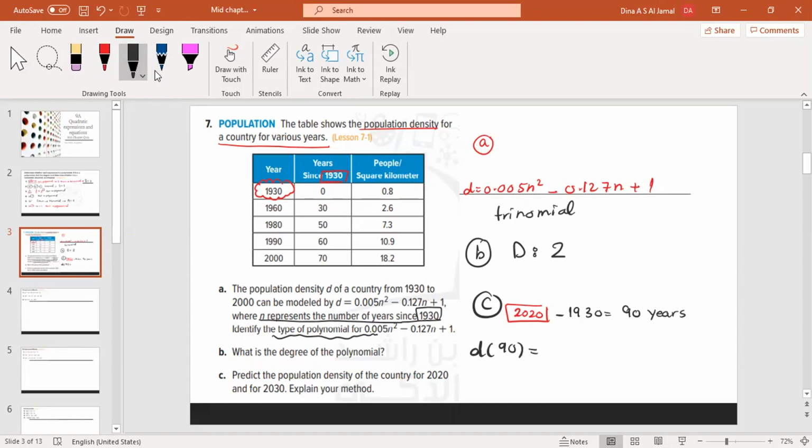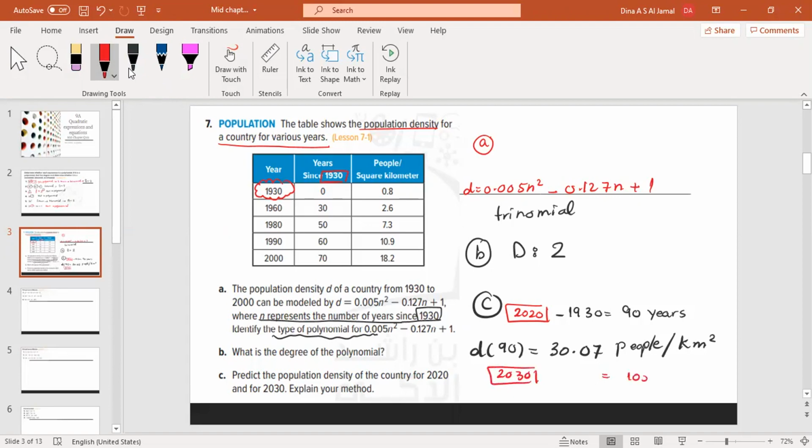You will be multiplying and you will be getting 30.07 people per square kilometer. And if you will do the same for 2030, you will be getting your n as 100.